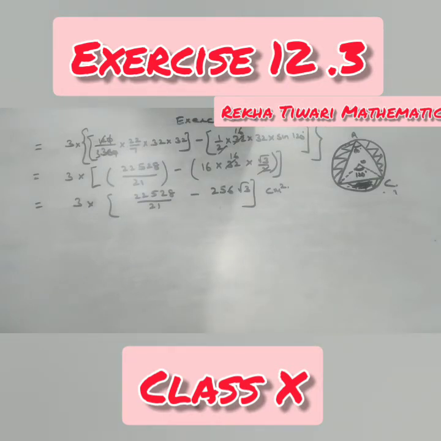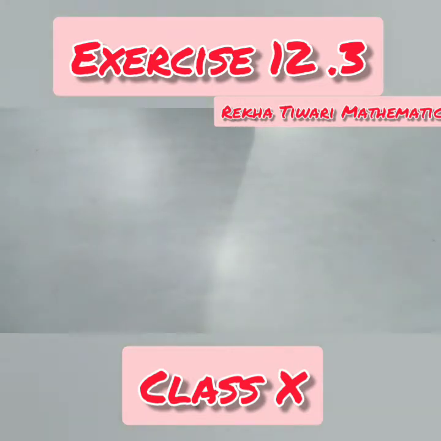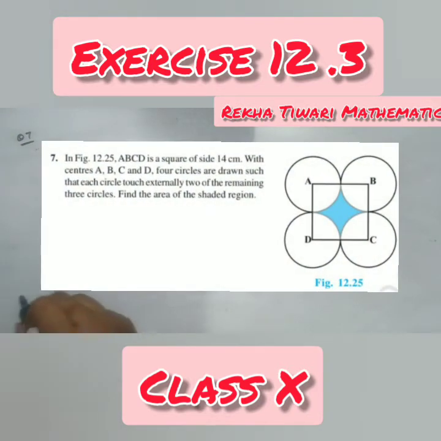Question number 7 is, in figure, ABCD is a square of side 14 cm. With centers A, B, C and D, 4 circles are drawn such that each circle touches externally 2 of the remaining 3 circles. Find the area of the shaded region.